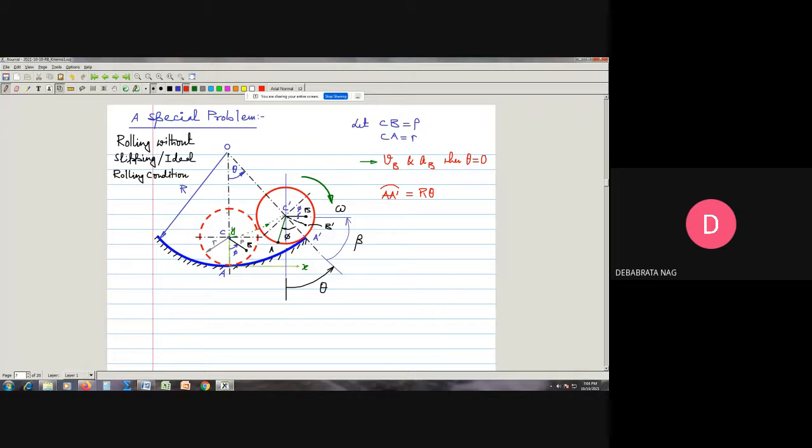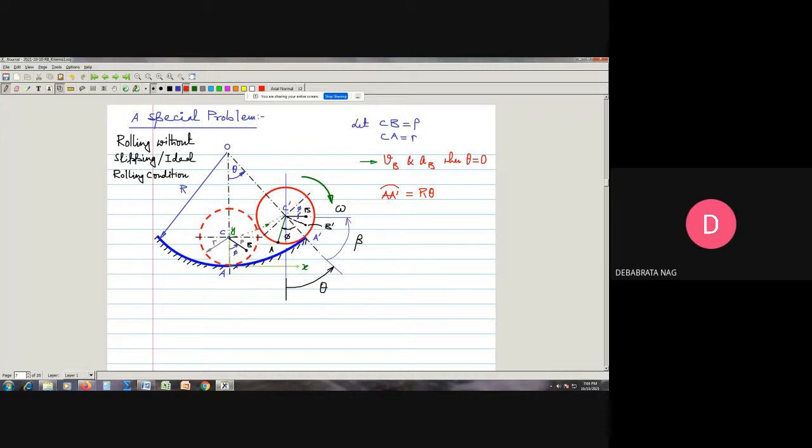We just mentally bring this cylinder or sphere-like substance by dragging it over the surface and place it here, and in doing so it travels this much distance, correct?